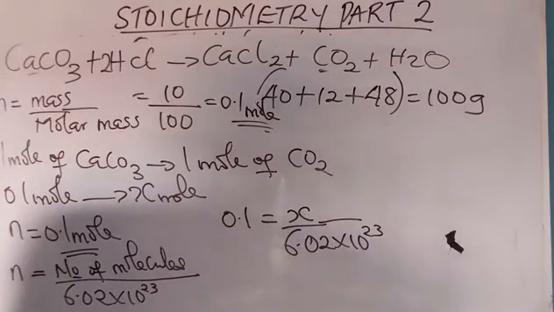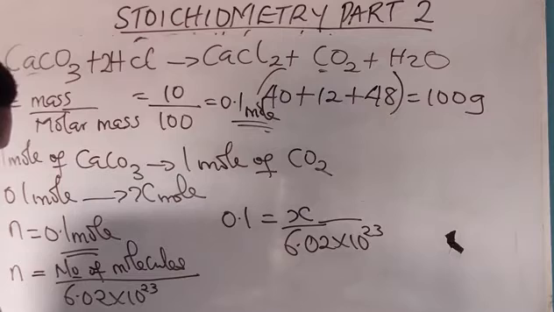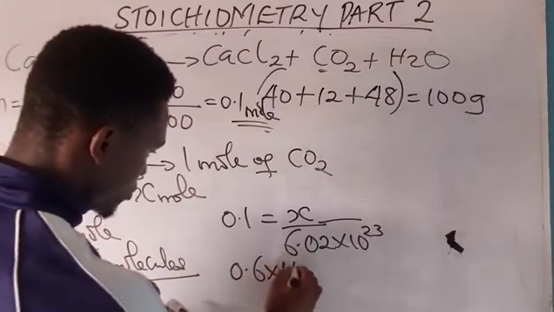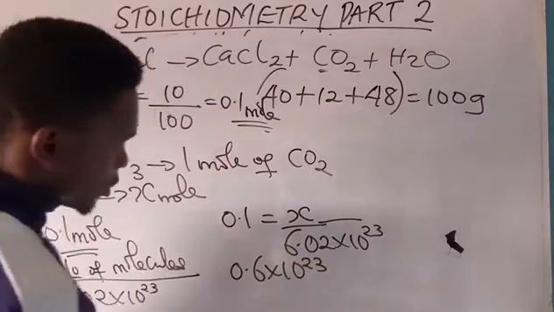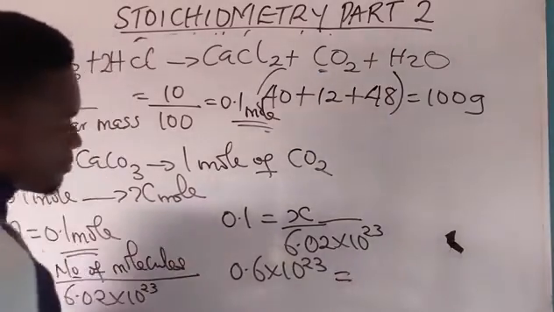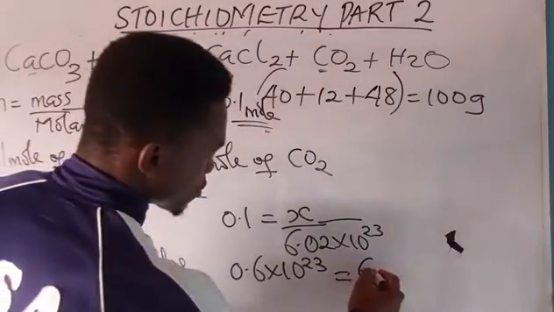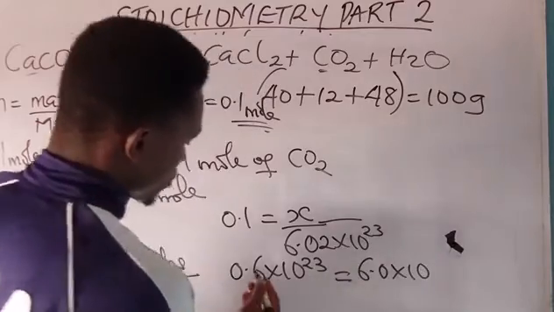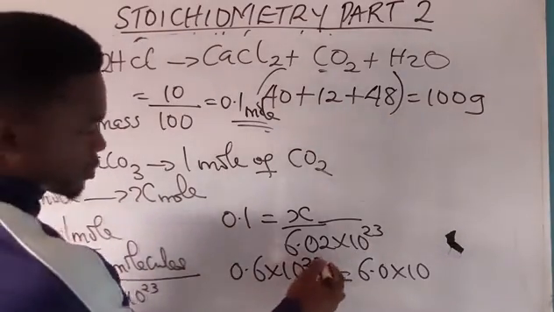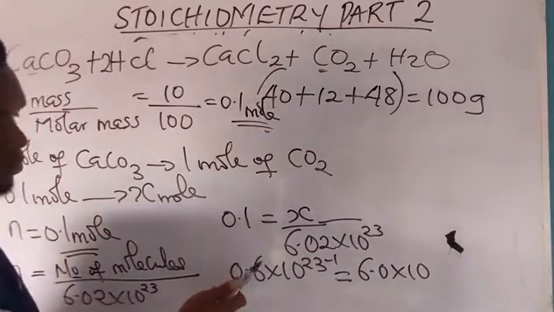So let's multiply. So 0.1 times 6.02 equals 0.6 times 10 to the power 23. But we cannot leave an answer like this. To simplify further, it becomes 6.0 times 10 to the power minus 1, because of this 0.